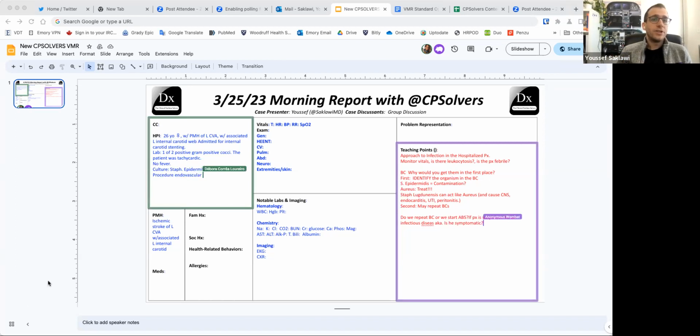The procedure happened without any complication, and we're fast forwarding to 2 days, 3 days post-op, when the patient developed a fever up to 38.5. And my question now is, what is your workup of this patient? So to reframe it, it's a 26-year-old with a history of a stroke with a carotid web status post-stenting, now febrile to 38.5 on post-op day 5.